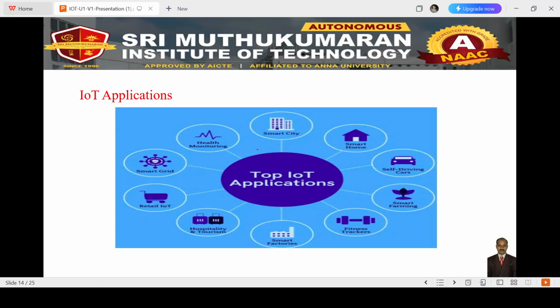And retail shopping also IoT has been used. And smart grid, yes, it's very much useful in smart grid. And health monitoring, or patient health monitoring also. It covers the entire thing, right from the smart city to patient monitoring, everything it covers.